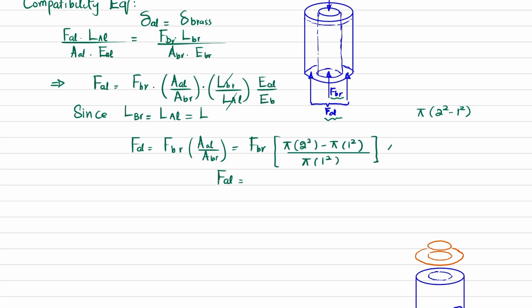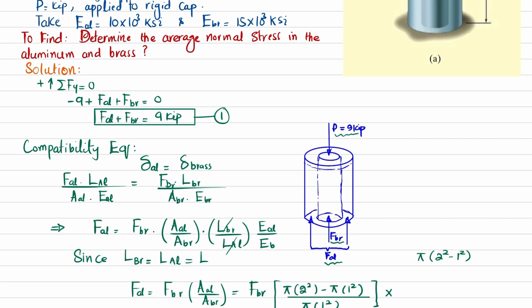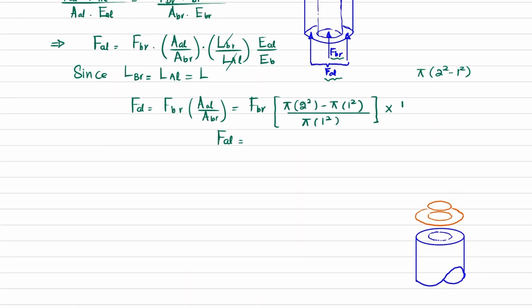So multiply by E of aluminum, which is 10 into 10 raised to power 3, divided by E of brass, which is 15 into 10 raised to power 3. When you solve this, you will get force in aluminum post will be equal to 2 times force in brass. This is your equation number 2.